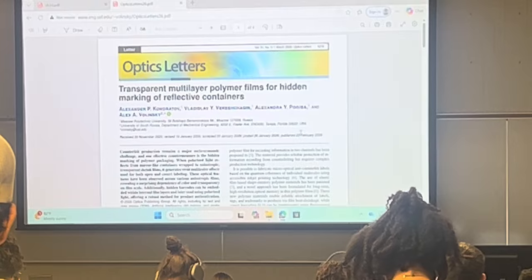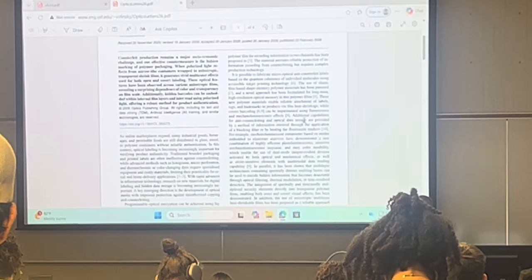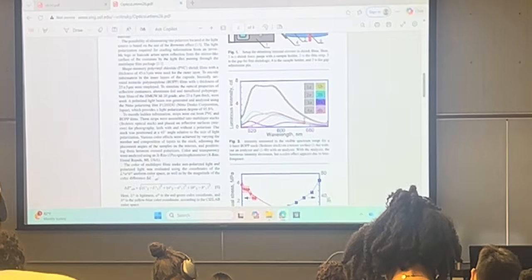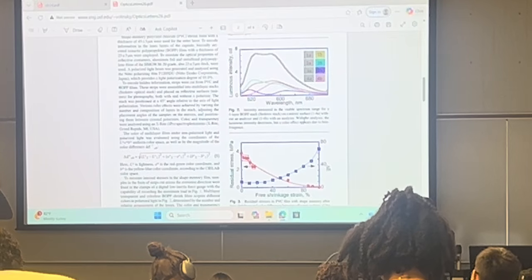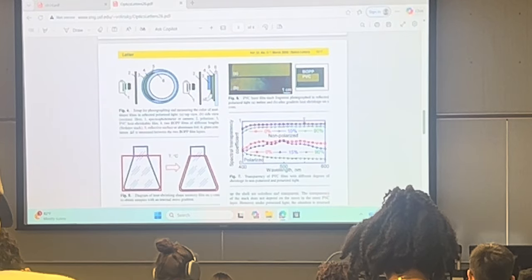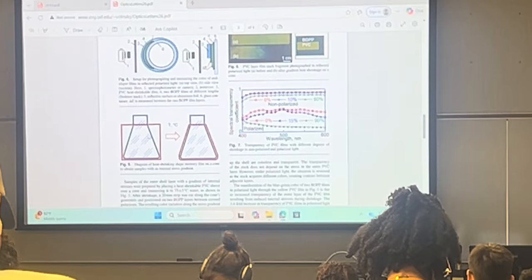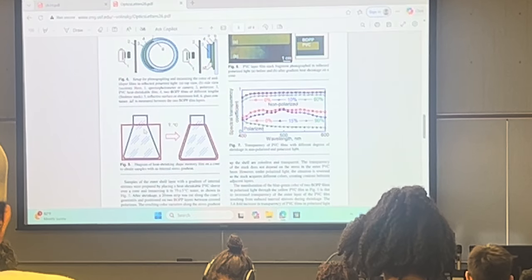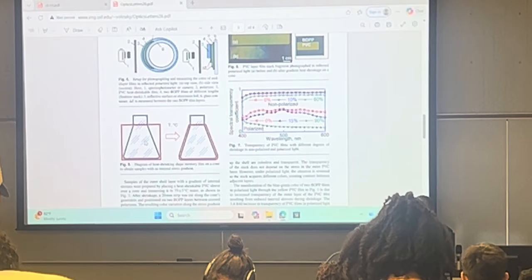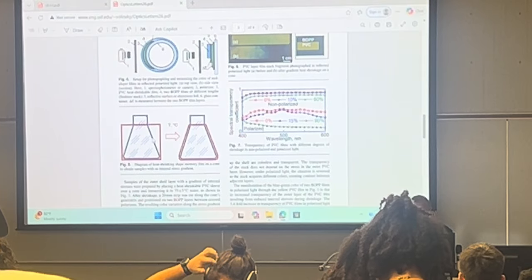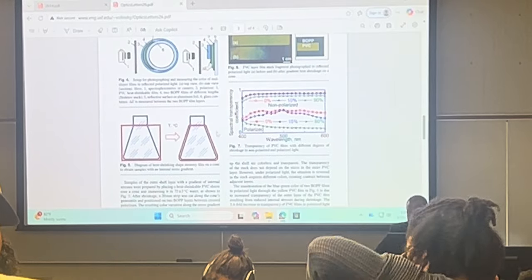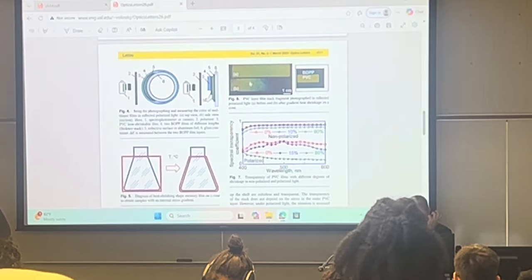I can show you some applications. This is a paper we just published in Optics Letters. And the idea is that you can have a shrink fit on a bottle. This is a bottle. And because of the geometry of the bottle, you just need to apply the heat, and so it would shrink onto that. Here is the color.